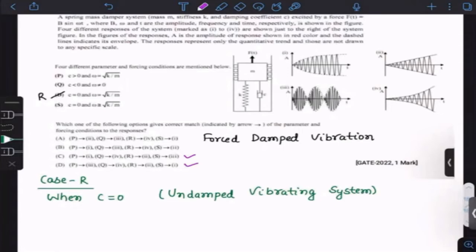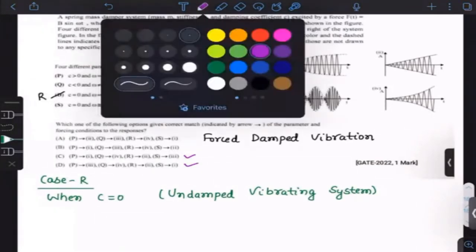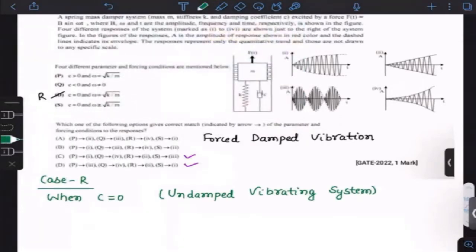Now we can see, my dear, again, now we need to consider C greater than 0. When C is greater than 0, everyone, omega is equal to root of K by M. That is the case of P. When C is greater than 0, I have already discussed the damped forced vibration, the damped vibrating system.